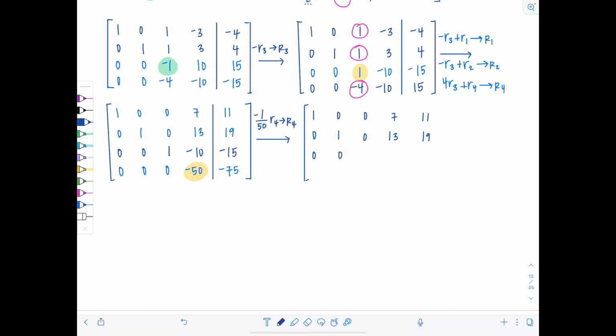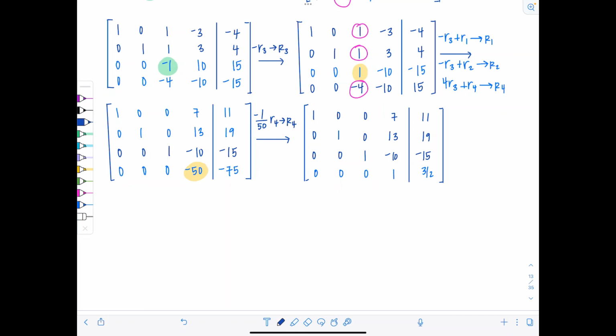Row 3 is 0, 0, 1, negative 10, negative 15. New row 4: 0, 0, 0, 1, 3 halves, yeah? Good. No decimals, please. Only use them if the problem introduces decimals. Reduced fractions, always and forever.